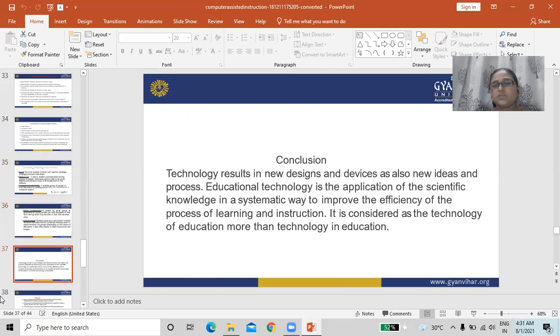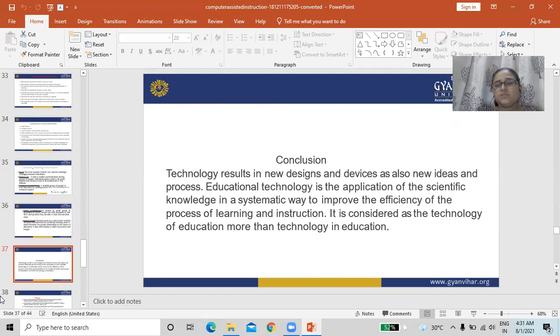Now we will discuss the conclusion of today's topic. Technology results in new designs and devices as also new ideas when processed. Educational technology is the application of scientific knowledge in a systematic way to improve the efficiency of the process of learning and instruction.